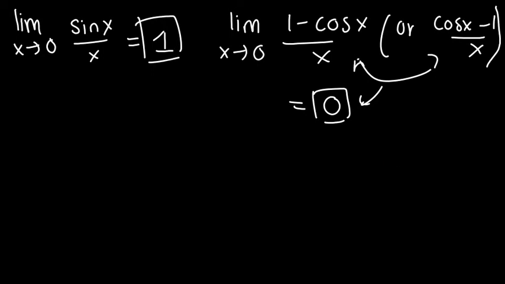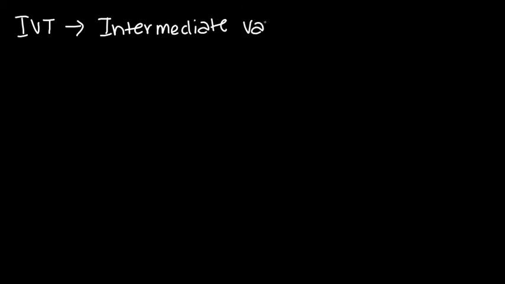Okay, so now we are going to discuss the last two things. First one being the IVT, the intermediate value theorem, which is extremely important and very useful in applications.